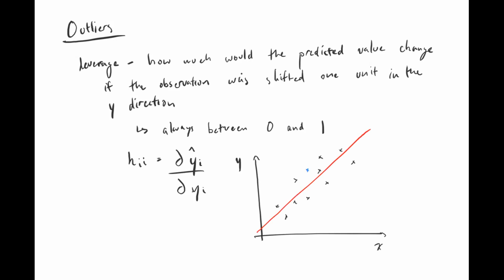The whole idea is that if I shift this point up by 1 unit, that should, in theory, slightly change my line.